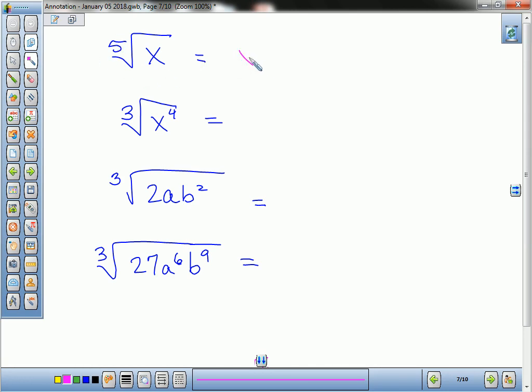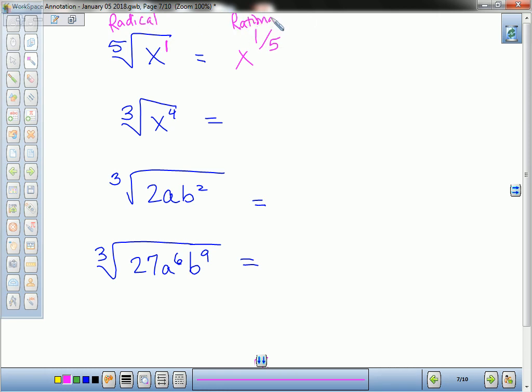So the root is the 5th root, so the denominator would be 5. The power, there is no power, so it's an understood 1. So this is a radical, and this is a rational exponent. And those are equivalent forms.